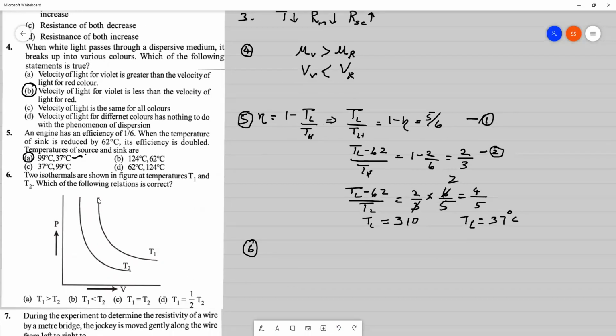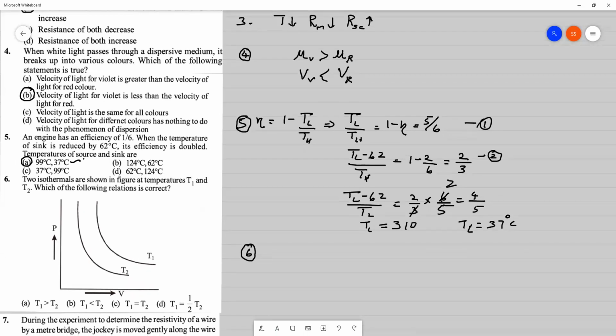Since this isotherm is far away from the origin, all the points on this isotherm will have a greater product of pressure and volume. We know that PV is directly proportional to temperature. PV is equal to nRT, so PV is directly proportional to the temperature in Kelvin.